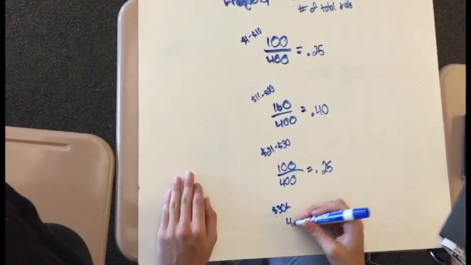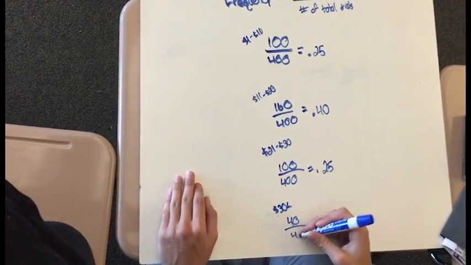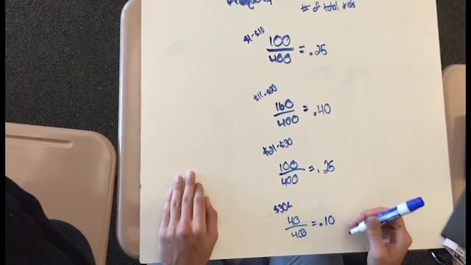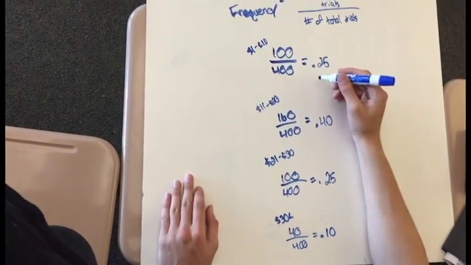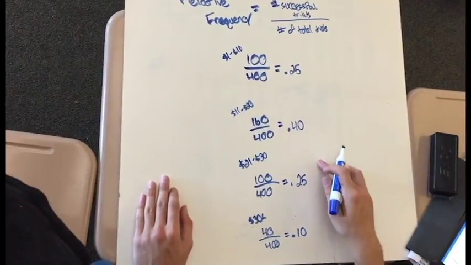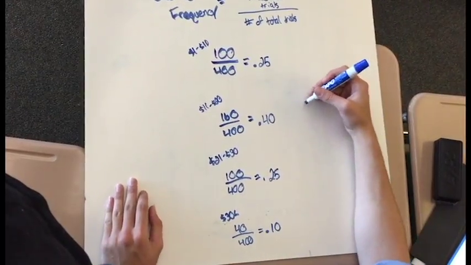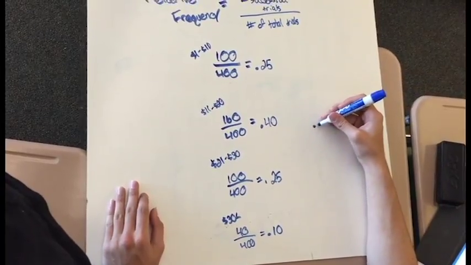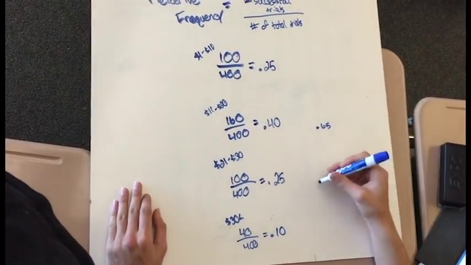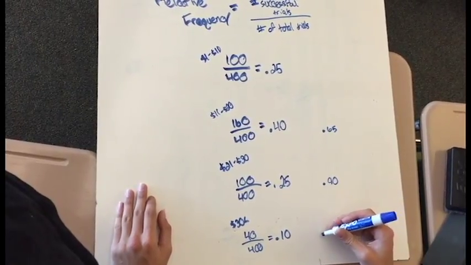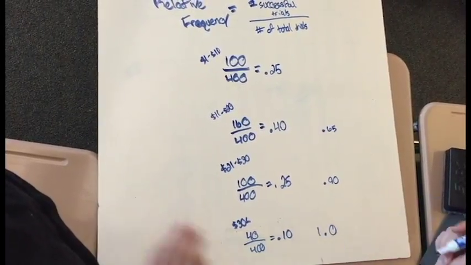So we sold 40 of those, so that's going to be 40 divided by 400, and that's going to equal 0.1 or 1/10. If we do this correctly, everything that we have here should add up to 1. So 0.25 plus 0.4 is 0.65, plus 0.25 is 0.9, plus 0.1 is 1.0. So we did it correctly.